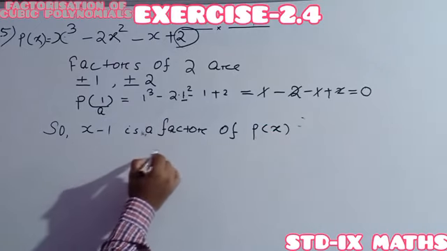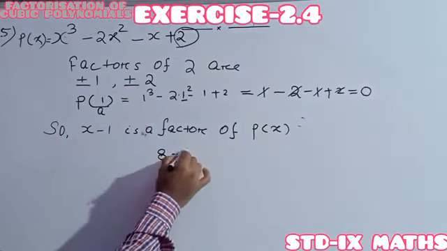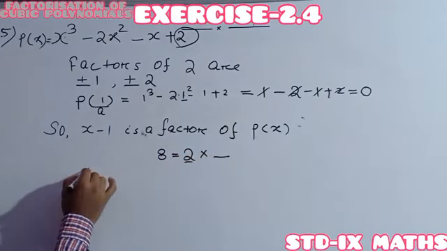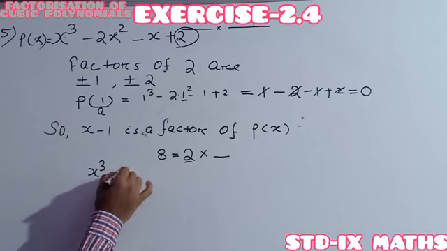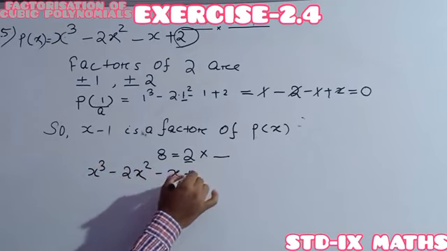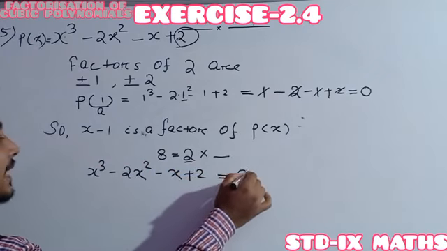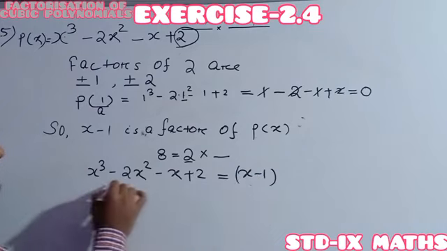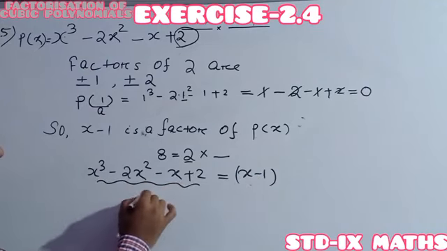Here I am showing you the rough work. Just like I wrote x is equal to 2 into something, where 2 is a factor, in the same way, for x cube minus 2x square minus x plus 2, one factor is x minus 1, which is linear, and the polynomial is cubic, with degree 3.